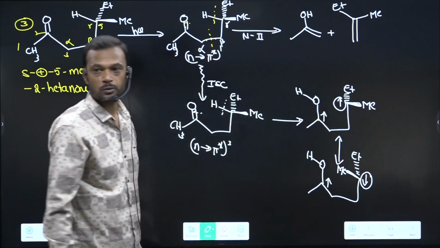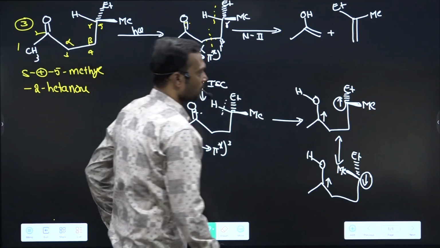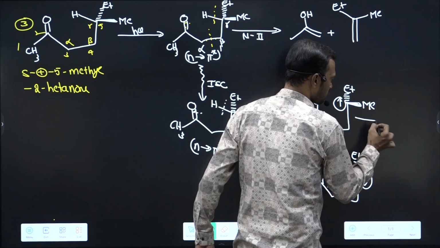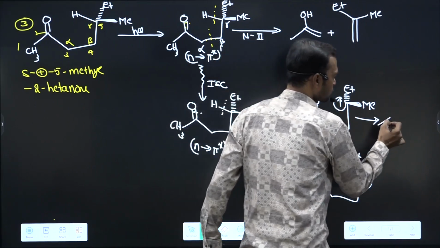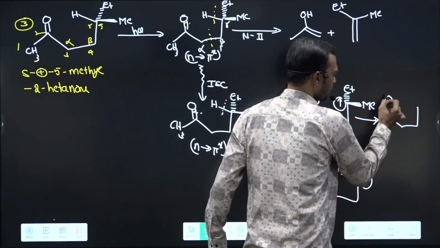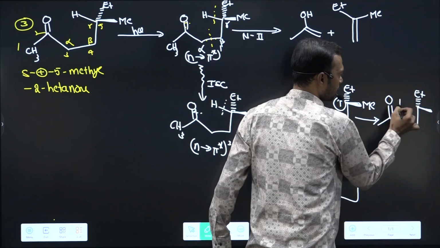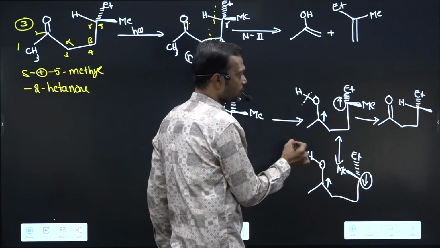These two possibilities are expected. Remember, if this hydrogen migrates back to its original place, then what is your answer? Now you will get C double bond O, methyl, ethyl, and here hydrogen. Reverting to the original molecule after the 1,4-biradical.